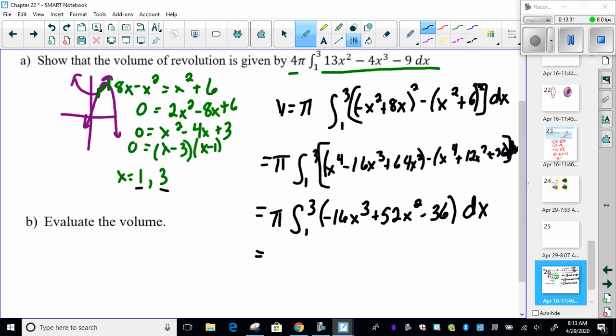So it's not quite the same. If you notice, the only thing that we don't have is this 4 outside here. Do you notice that you can factor 4 out of all of those terms? That leaves me with smaller numbers, which tend to be helpful. It makes evaluating the volume much quicker. So that would be negative 4x cubed plus 13x squared minus 9.